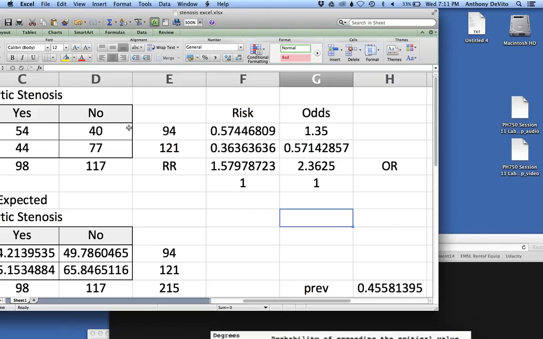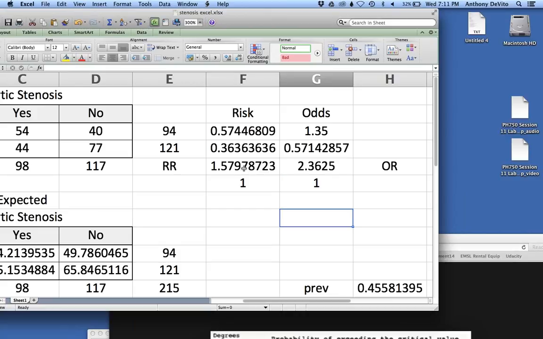So now, instead of using chi-square, we can look at this idea of risk and odds, and we can say to ourselves, "Oh, it appears that the risk ratio, the relative risk, is greater than 1, or is different than 1. In this case, greater than 1 for smokers versus non-smokers, and the odds ratio is different than 1."